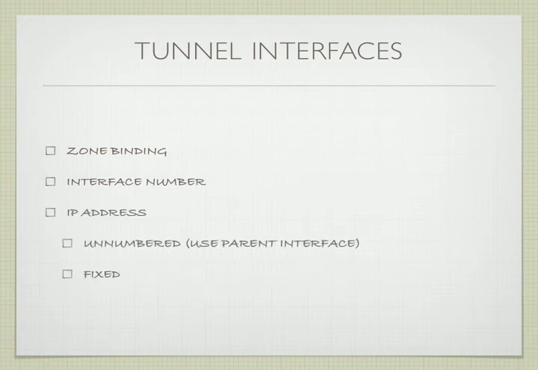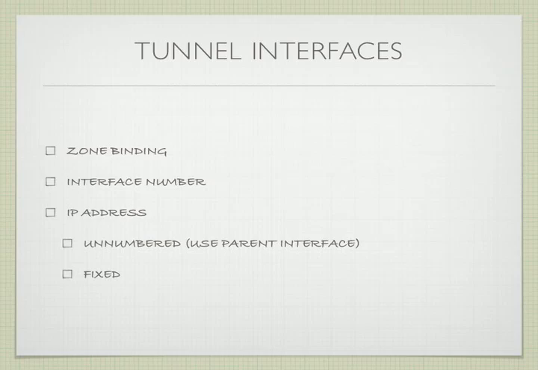The IP address on the interface can either be unnumbered, meaning it's going to attach itself to a parent interface, and then you have to select which parent is going to be the parent interface, or it can be a fixed IP address, as we saw in the previous slide. So if it's using a parent interface, you can attach it to your gateway, Ethernet 0/0, and then therefore it's going to be in the gateway zone, which is untrust.